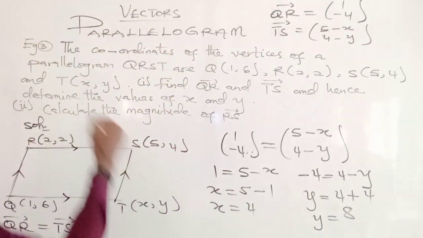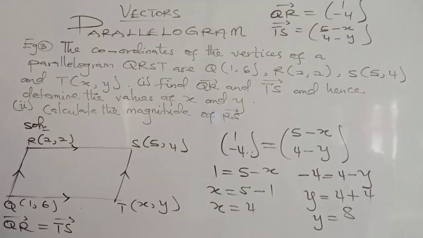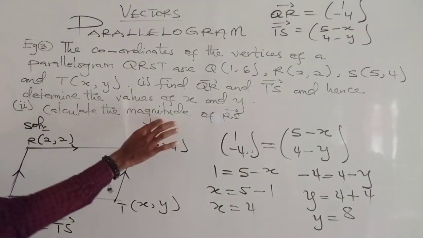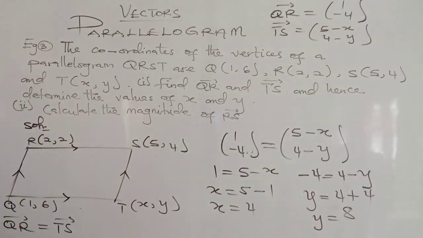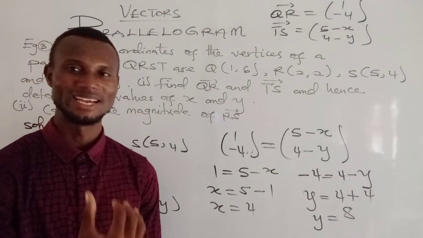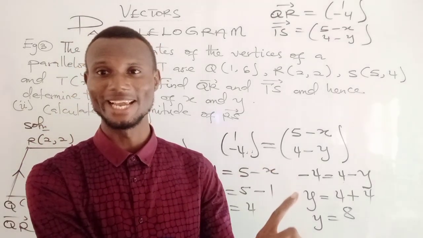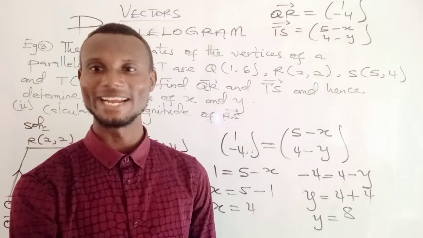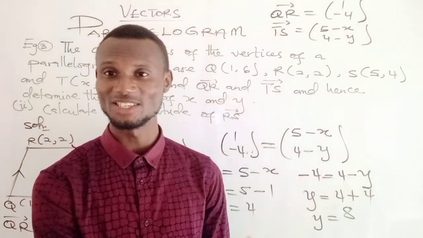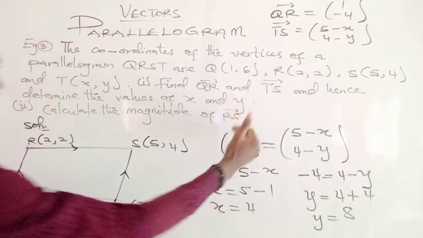Now, the second part of the question says, calculate the magnitude of RS. I've taught you how to find the magnitude of a vector in the previous videos, so we are going to apply that here to find the magnitude of RS.